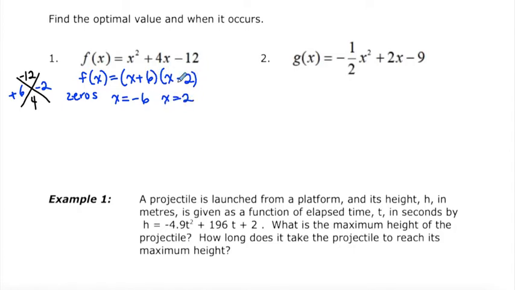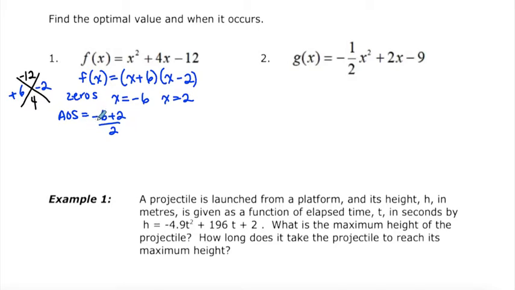Remember, we keep the numbers but change the sign. When we find the zeros, we can find the axis of symmetry, the vertical line that splits the parabola in half. To find it, we add our x-intercepts together, negative 6 plus 2, and divide by 2. We're looking for that halfway point.